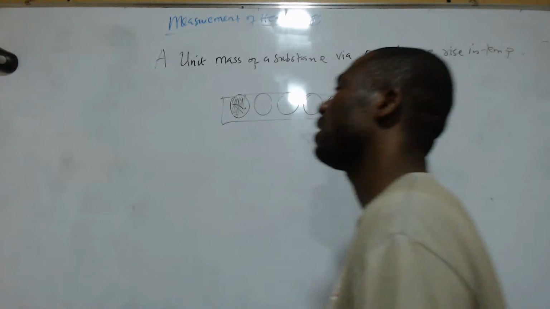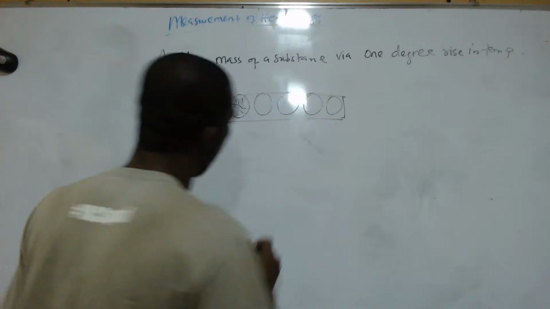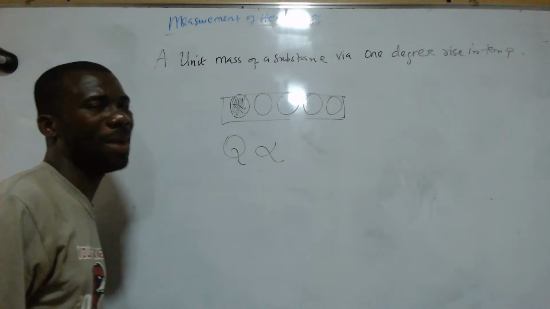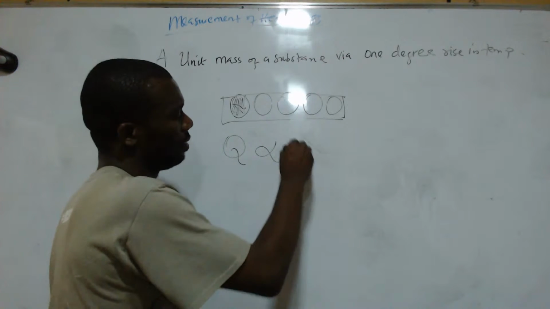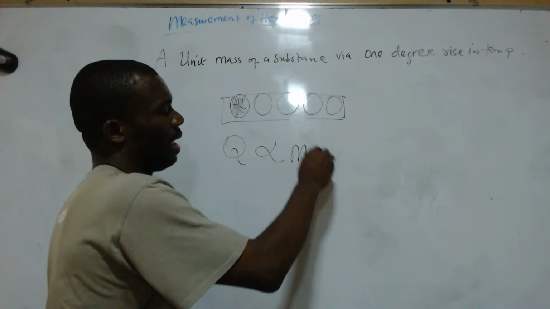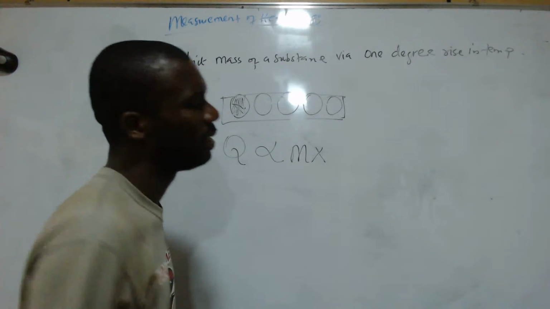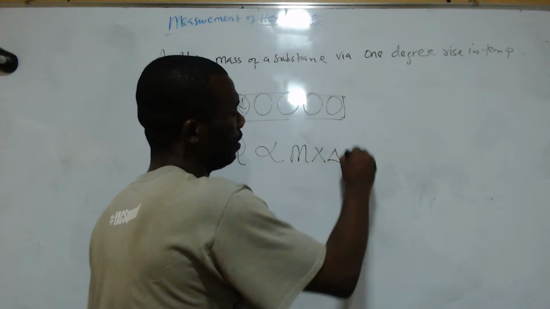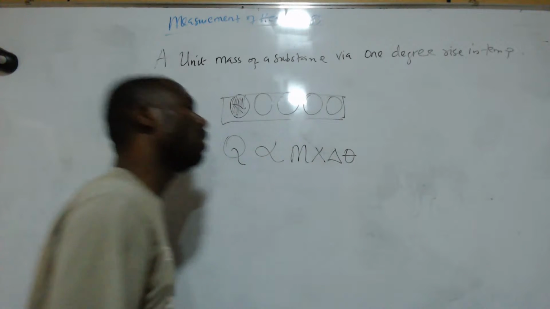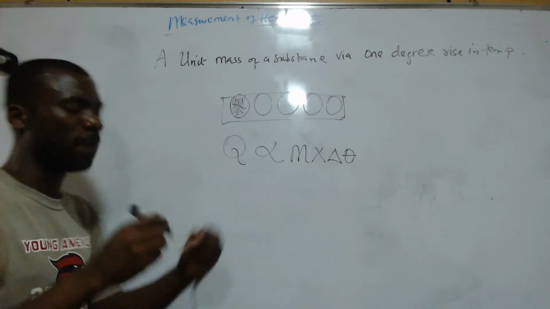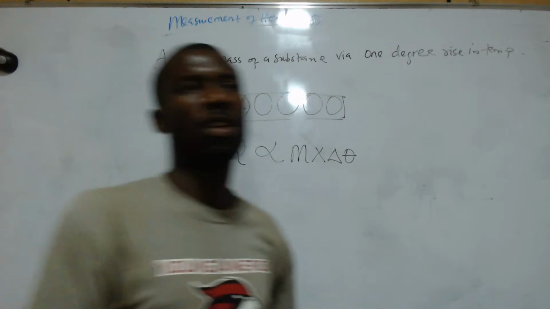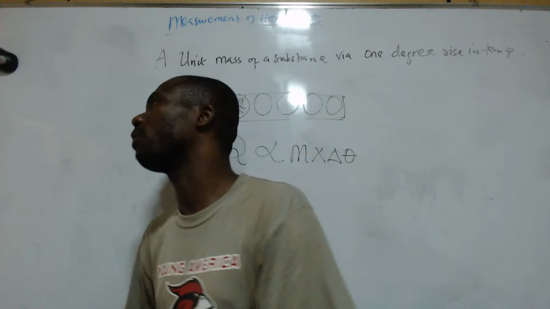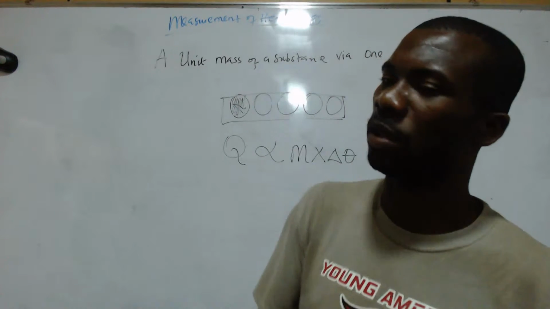And for the specific heat capacity, we say that the quantity of heat is directly proportional to the mass and the change in temperature, that is delta theta. Delta theta tells you that this particular matter was existing at a particular temperature before heat was applied.